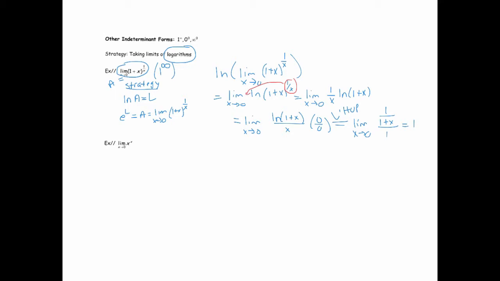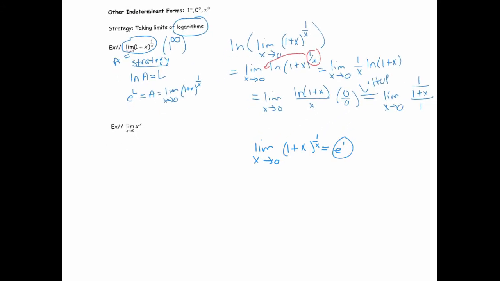So we need to raise e to that answer. So we know that ln of a is equal to 1. So that must mean that our actual answer is e to the 1. Alright, so again, we take the natural log, we get a value, and then we just raise e to that number to undo it.